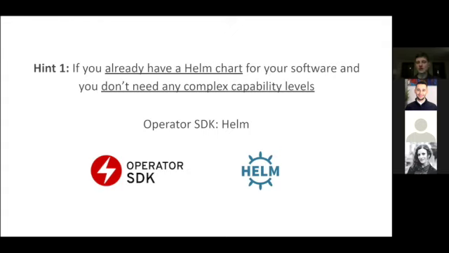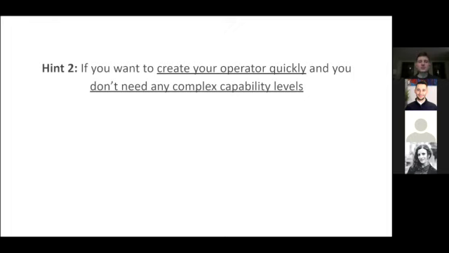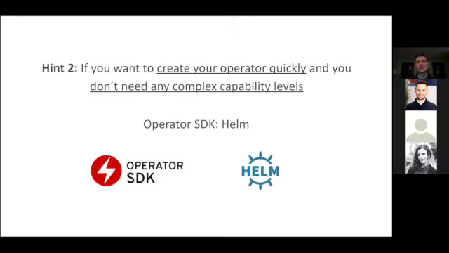Good enough, and no work required. Hint number 2: if you would like to create your operator quickly and you don't need any complex capability levels, again, use Helm, because Helm is the fastest way to get you from nothing to having an operator. That is clear, because Helm means just running a few Kubernetes configurations. That's it.